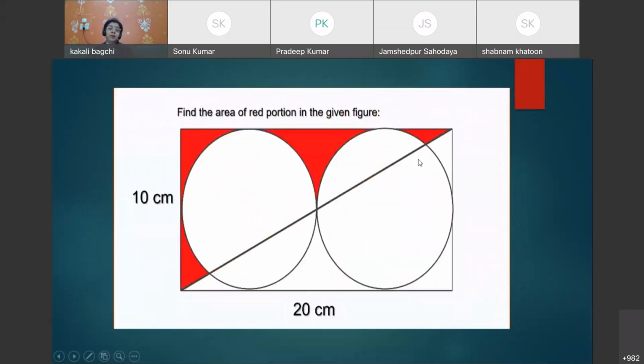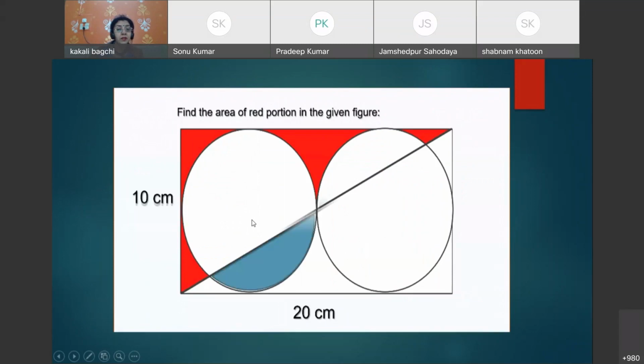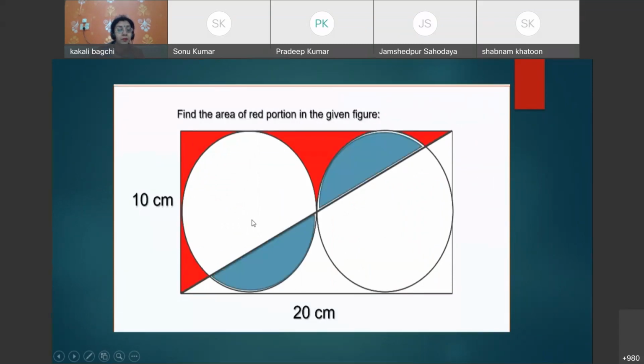Here, another one, very nice. Find the area of the red portion in the given figure. Very difficult question. It involves analytical thinking of the child. Area of the rectangle 20 by 10. Diameter of this circle is 10. How to find it out? See, these two are same.